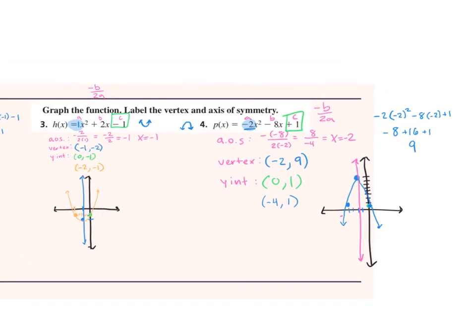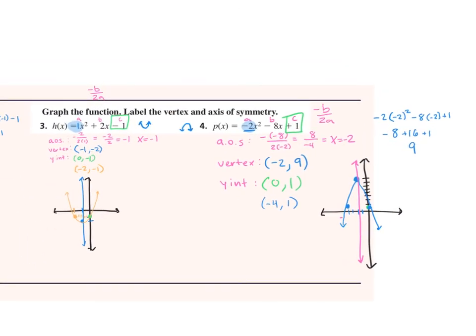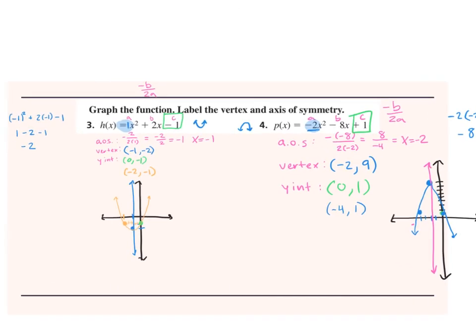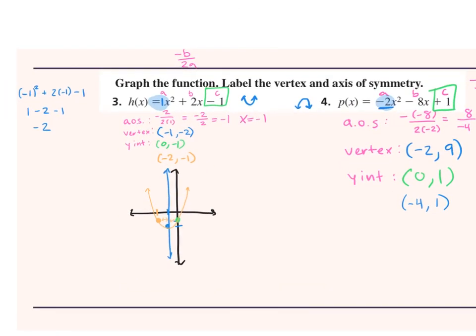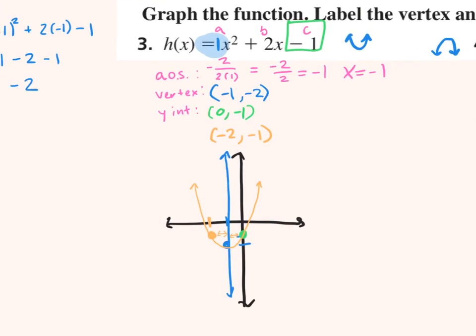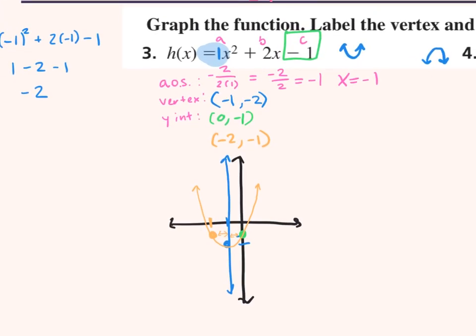Okay, let's go back to the second slide so we can graph the vertex form. So looking at number 3, do we have a maximum value here or a minimum value? Minimum.